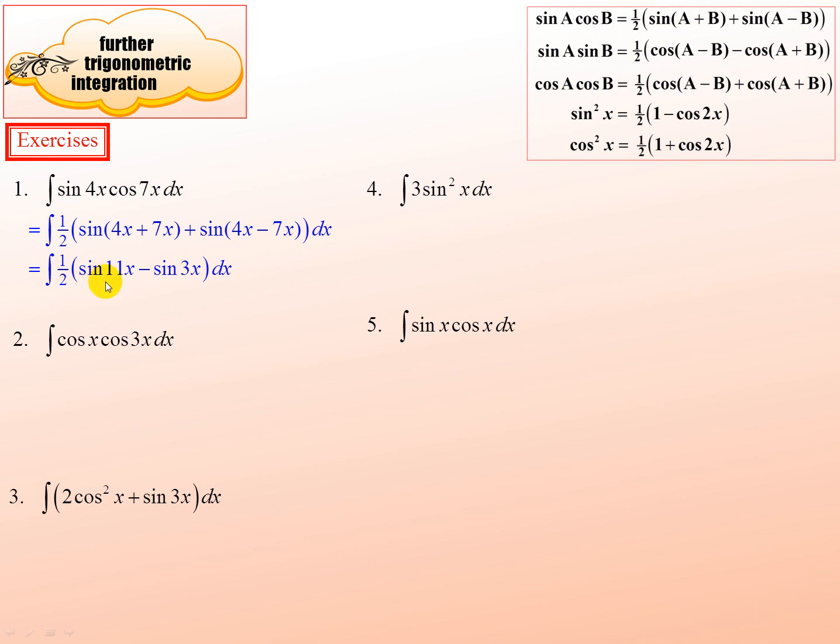So we end up with sine 11x plus sine negative 3x, which becomes negative sine 3x. That becomes negative cos 11x over 11 times a half. That becomes negative with that positive cos 3x over 3 times a half. Plus your c.